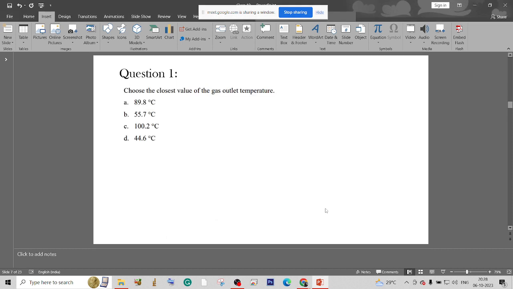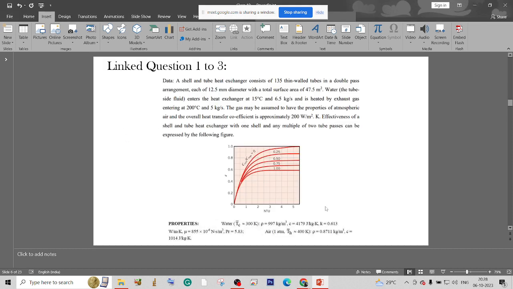Right. Now for the second, the cold fluid outlet temperature. What can we do for question number 2? We just need to do the simple energy balance. CH times THI minus THO is equal to CC times TCO minus TCI.